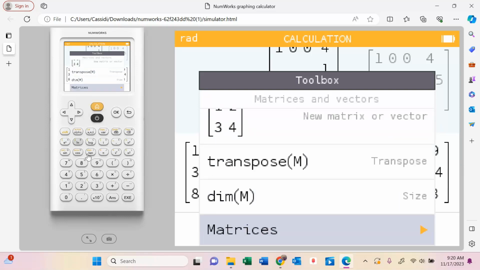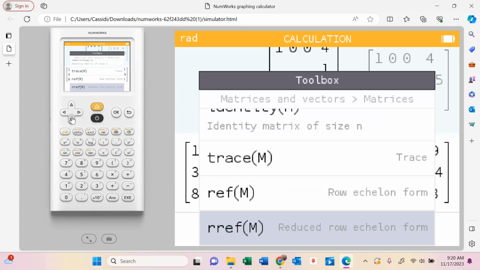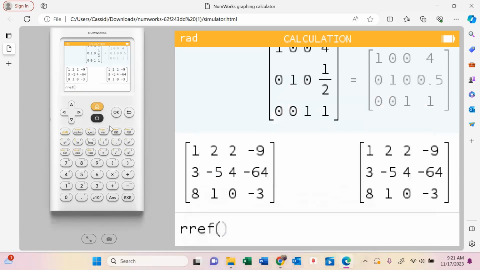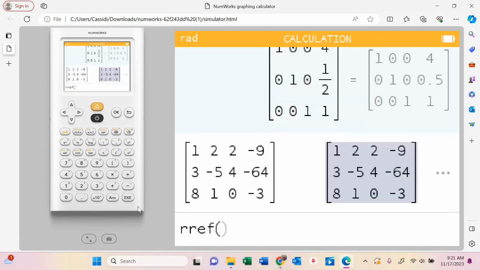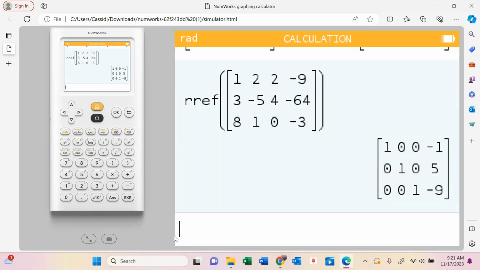Click down to matrix and click enter, and then click down to reduce row echelon form, RREF, and click enter, and then click up to highlight that matrix. Click enter and enter again. And we see here we get the solution -1, 5, and -9.